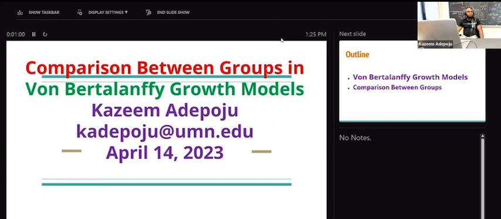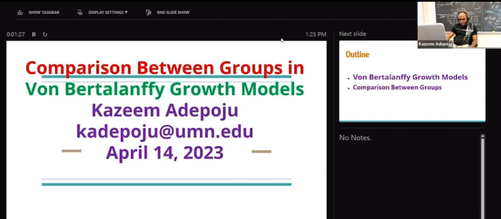Today, we're going to focus on another fascinating statistical topic. We call this comparison between groups in Bertalanffy growth models. Of course, on Monday, we started nonlinear models.